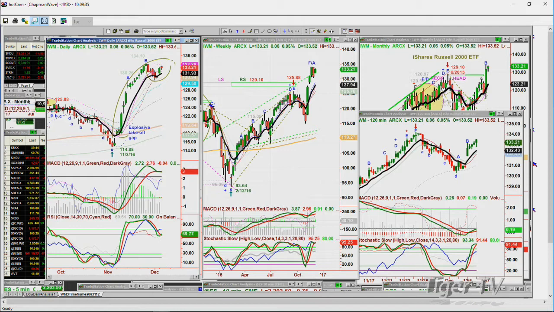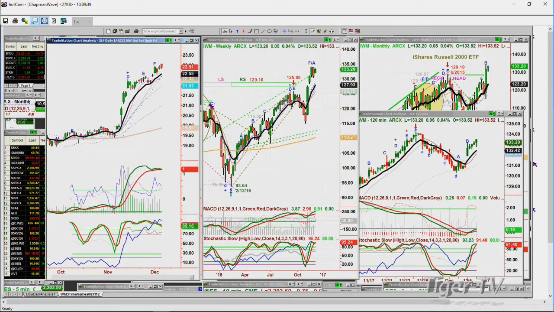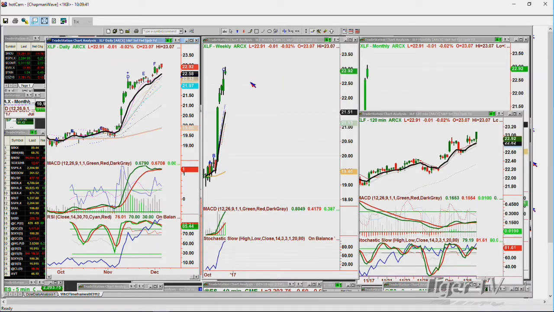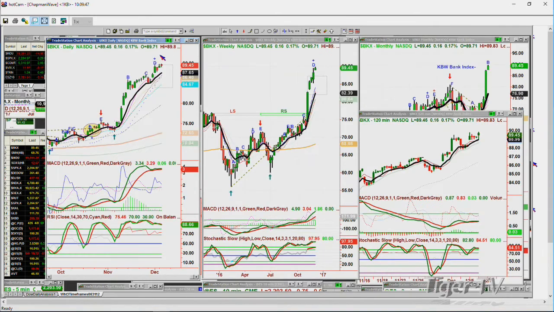If you're looking at the XLF, not the greatest vehicle right now because it got reconfigured, let's go to the BKX index, that's the root really. And that says we've gone to a leg E today, yesterday and today, and we're getting close to some kind of a pullback. There could be a recycle, and it could be a Chapman wave instant restart.